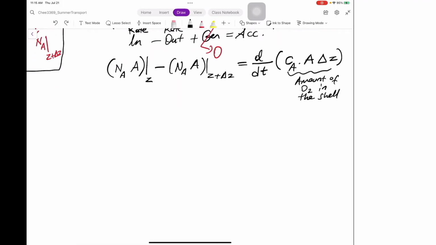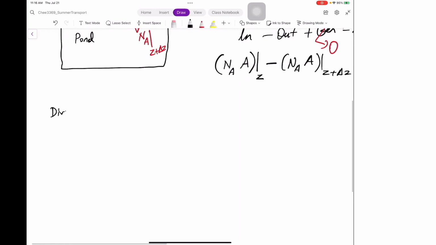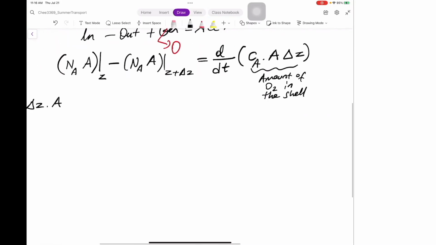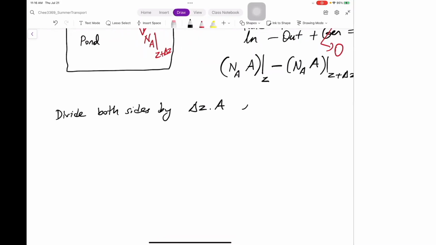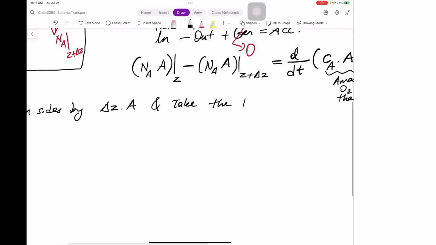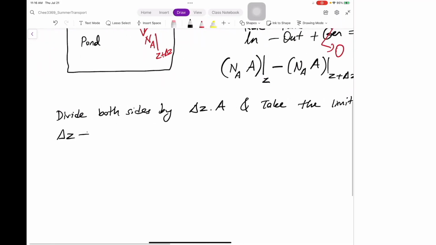Now, I can actually divide both sides by delta Z times A and take the limit as delta Z goes to 0.